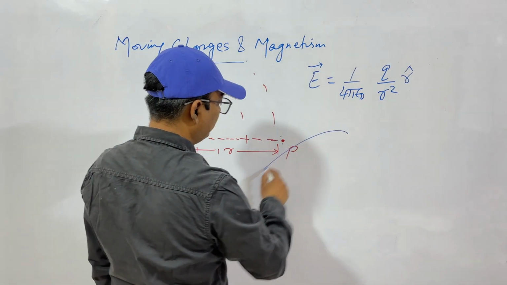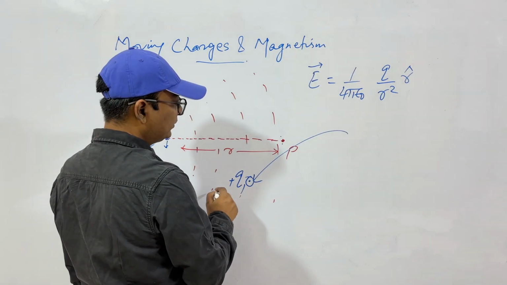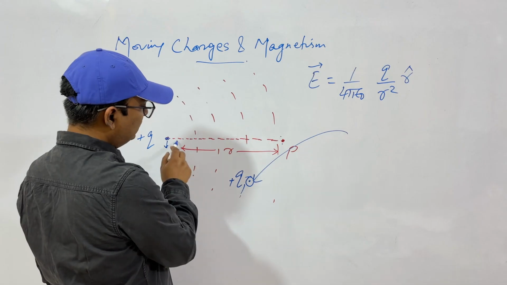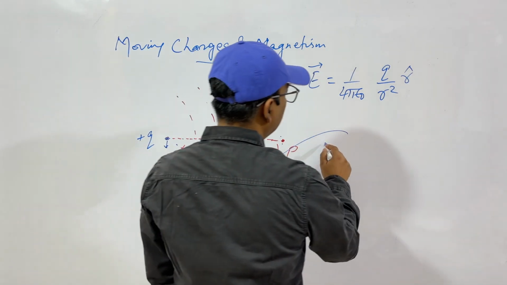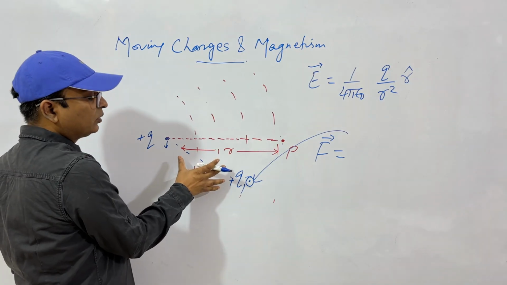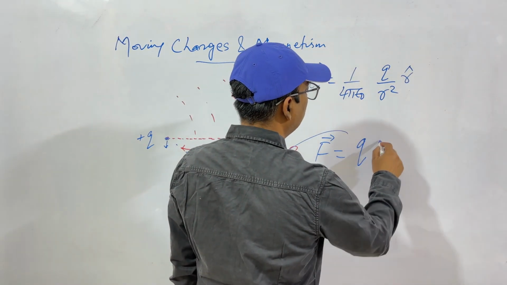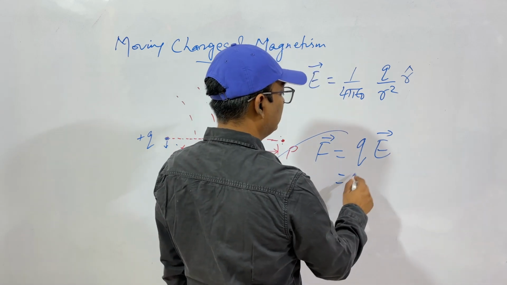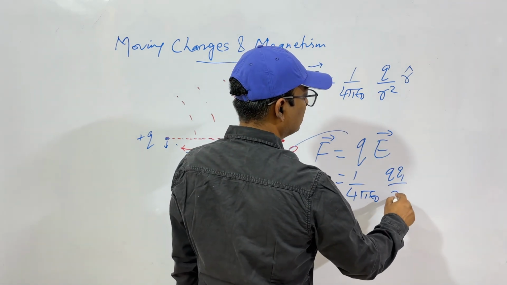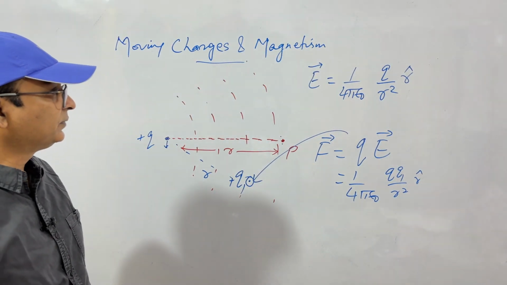Then if another charge, let's say Q1, is brought to this point, at distance r, the electric force between these two charges is QE, which we know as Coulomb's law, 1 by 4 pi epsilon 0 Q Q1 by r square. Clear? This we have studied.